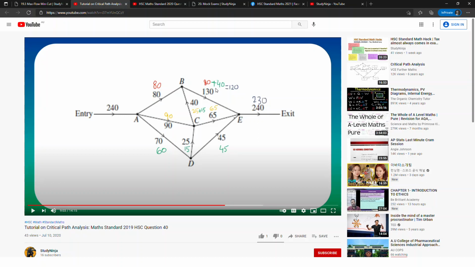Once you can master the skill, then determining the cut is very easy, because the cut is basically through those paths that have been exhausted, like this AT is exhausted, AB, this one is exhausted, and so on. So in this case, we could only fit 230 people, and the manager wanted 240, which was not possible.